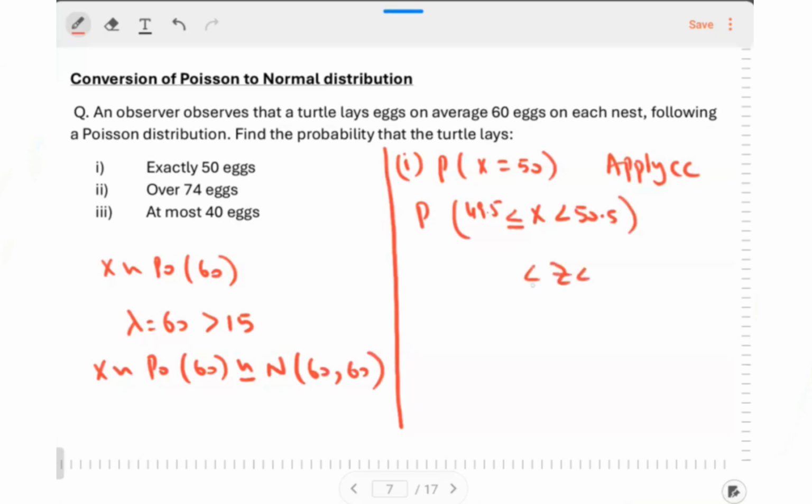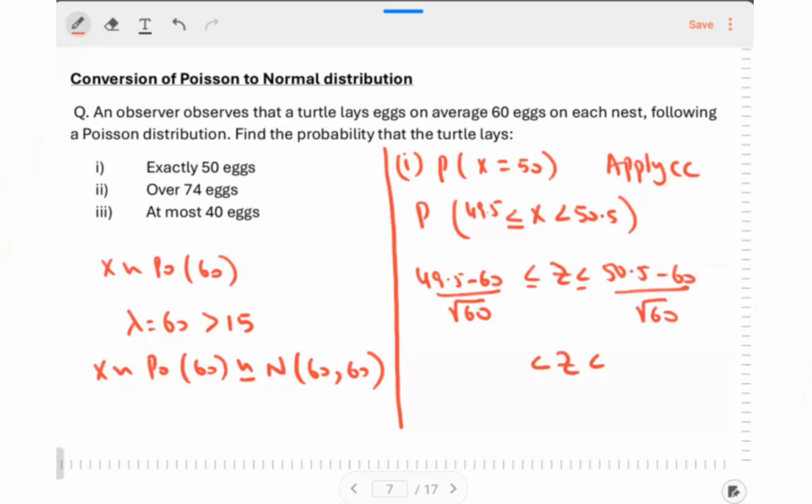We will apply normal distribution rules. That is 49.5 minus 60 upon under root of 60 and 50.5 minus 60 upon under root of 60.